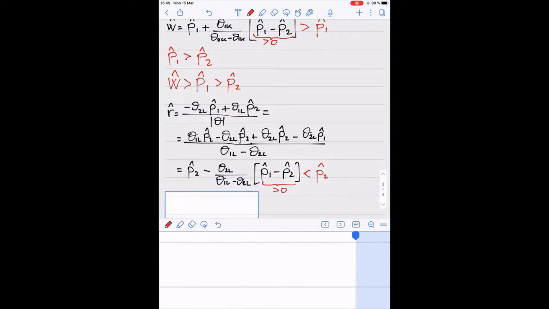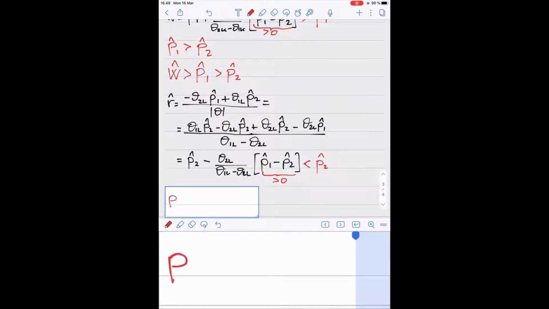And so what we get is that P hat 1 greater than P hat 2 is also greater than the rental on capital. And so this means that the rental on capital changes by less than the change in the price of good 1 and the price of good 2. So if you're a capital owner, you become poorer in real terms because you can afford fewer units of good 1 and good 2.